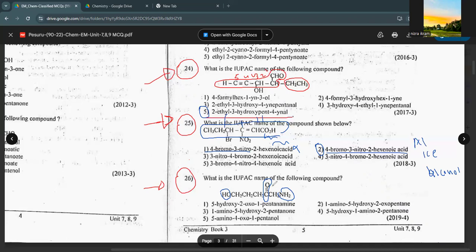So ketone will be the main functional group. So here 1, 2. Second carbon has the ketone. First carbon has the amino group. So 1 amino, 5 hydroxy. That's how it has to come. And there are 5 carbons in the main chain, then pent. In the second carbon we have the ketone, so 2 pentanone. Third one, 1 amino 5 hydroxy, 2 pentanone.